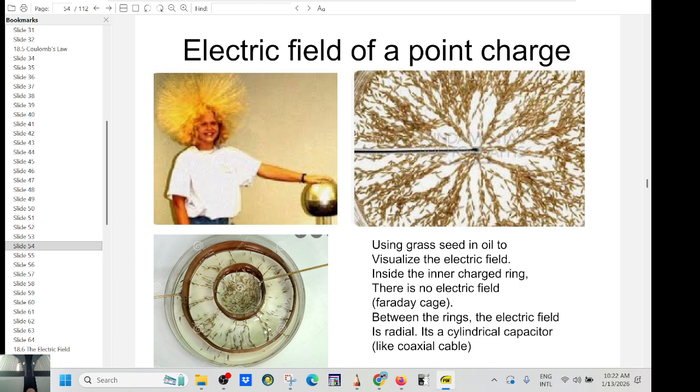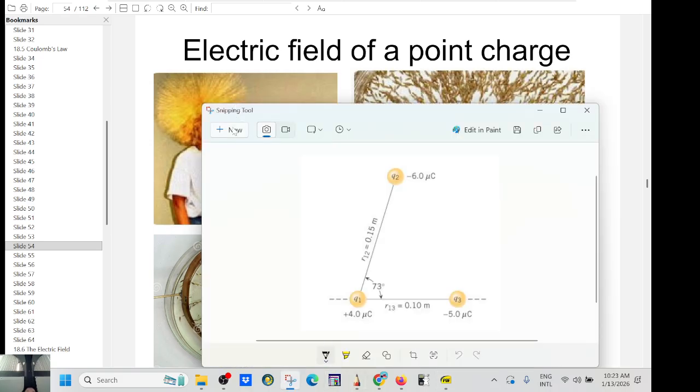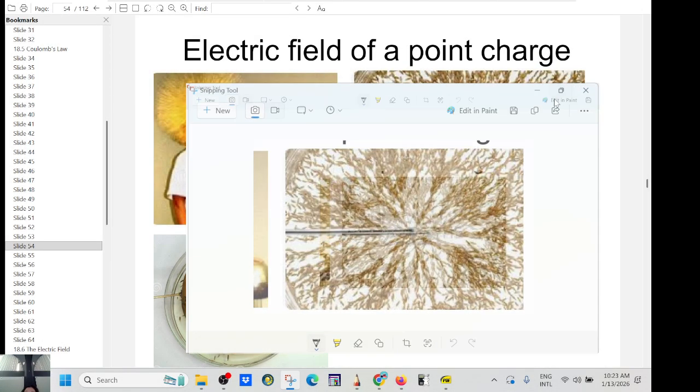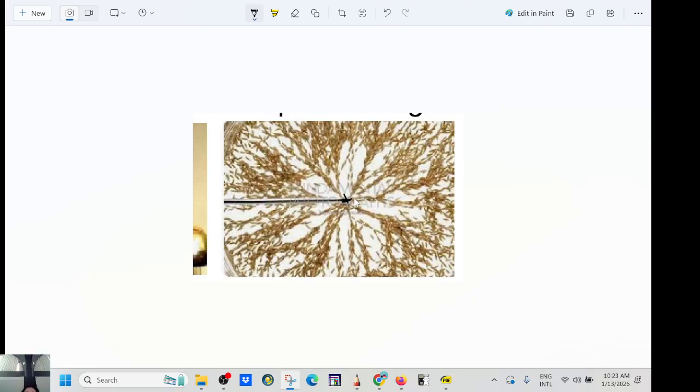They cannot move because they are not charged, they are insulators, but they get polarized. I will show you a demo, but let's say this is plus here. Again, plus is outward, right? It's a source. So that will be the electric field here.